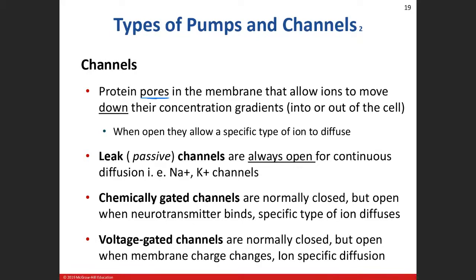So it's this hole that we put into the plasma membrane, and it's going to allow ions, which we all know are charged particles, to move down their concentration gradient.